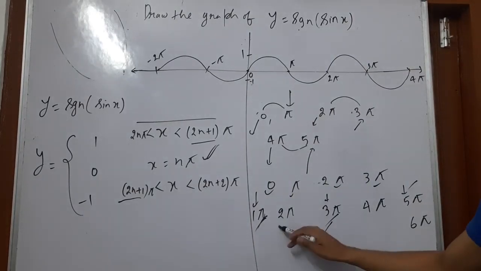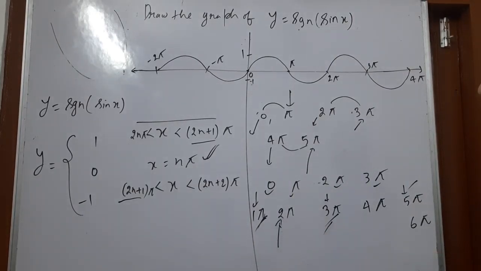And after that we should see the second values of the interval, that is 2, 4 and 6. Here 2, 4 and 6 have a common factor, that is 2.